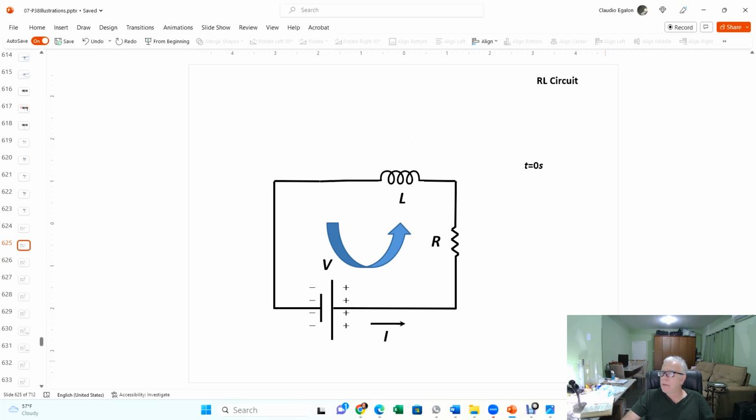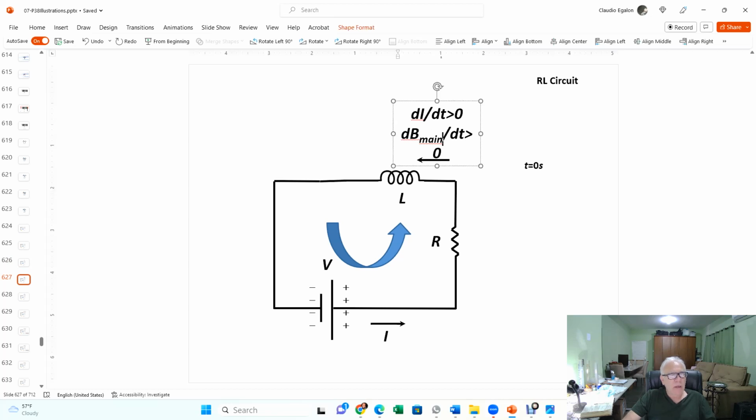Okay, so here are the drawings that I have. So here you go, close the circuit, the current will tend to build very quickly. This large buildup in the external current is going to make the inductor produce a very large magnetic field.